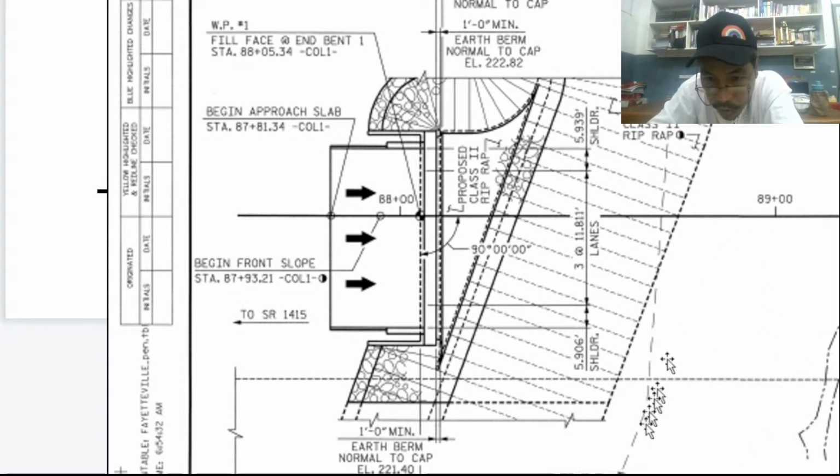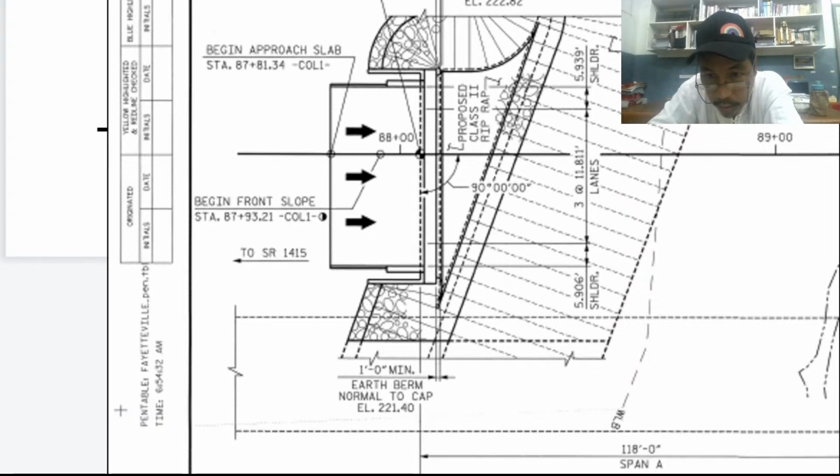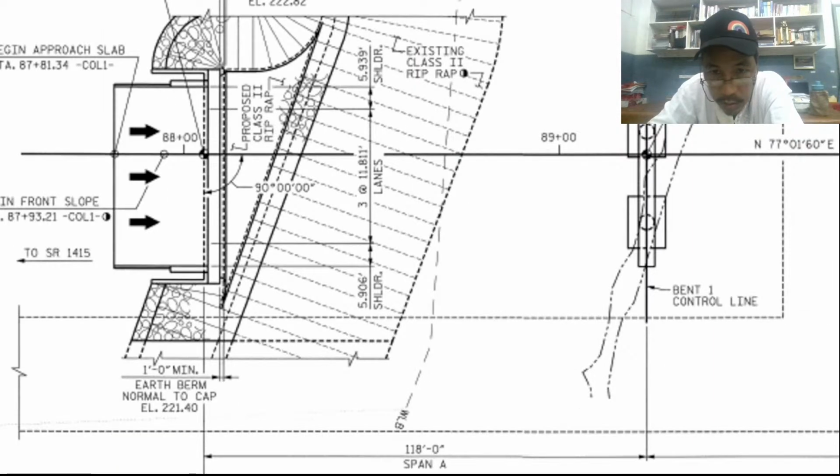So next we should proceed here. Next to it, it is still the top view. So let's try to go to the right side. So we have the north 77 degrees, 1 minute and 60 seconds.